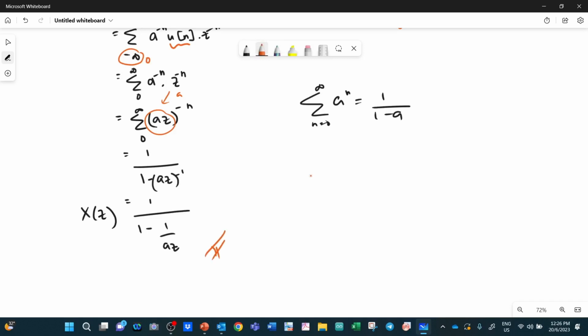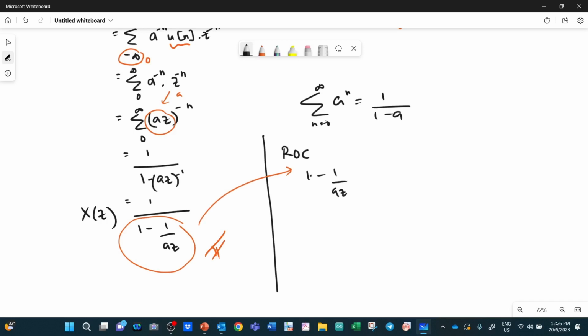So how can we find the ROC? For the ROC, you take this equation: 1 minus 1 over az is smaller than 0. Rearranging that, you have 1 over az less than 1.